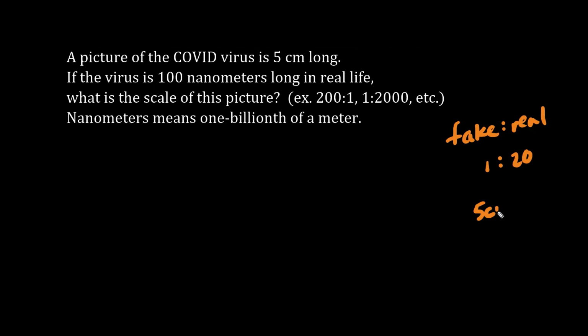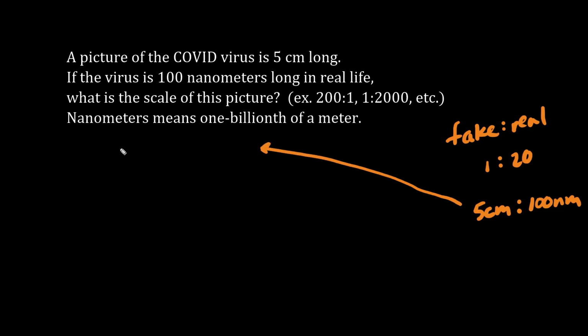So this is 5 centimeters, colon, the ratio or division statement is much bigger than the virus in real life. It's only 100 nanometers, which is very, very small. It's 1 billionth of a meter. So this here is a proper scale. Let's simplify it.